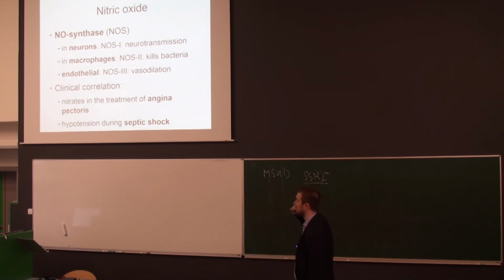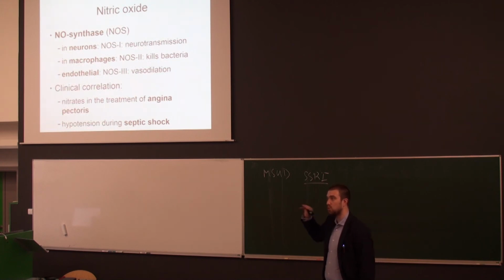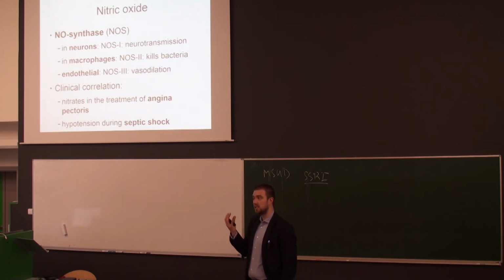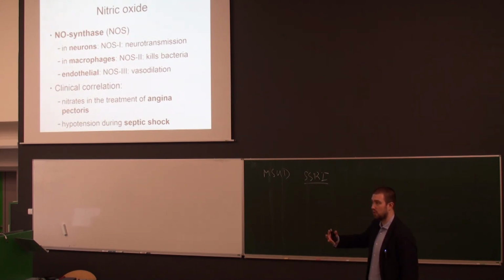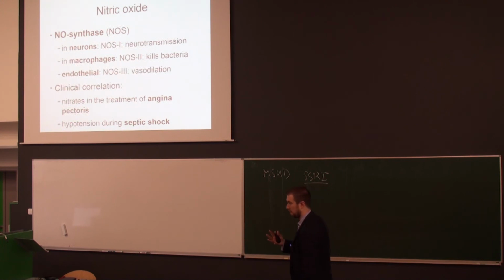First is that NO synthase is inside your brain, and it modulates the neurotransmission inside the brain. Second is, since it's a radical, it can be used to destroy organisms that are foreign to your body.